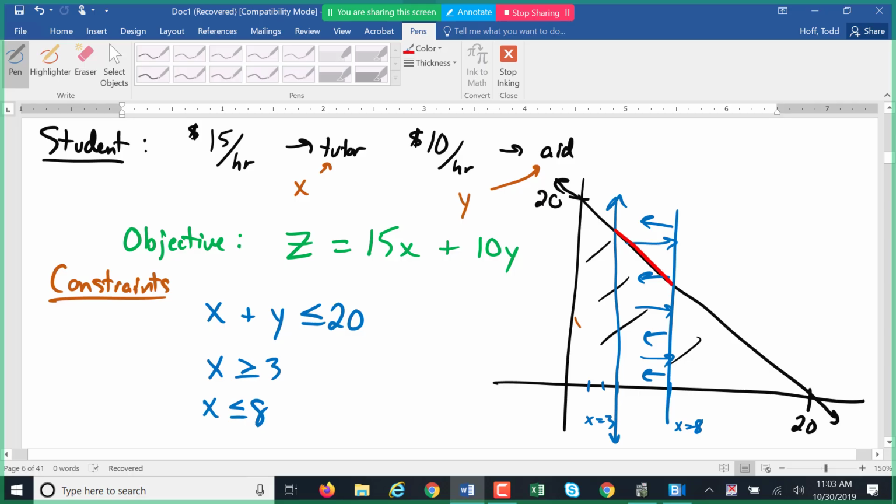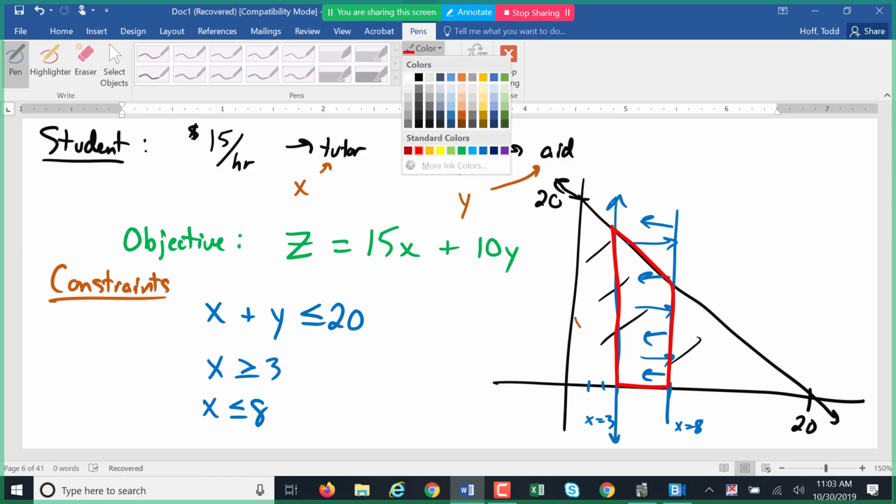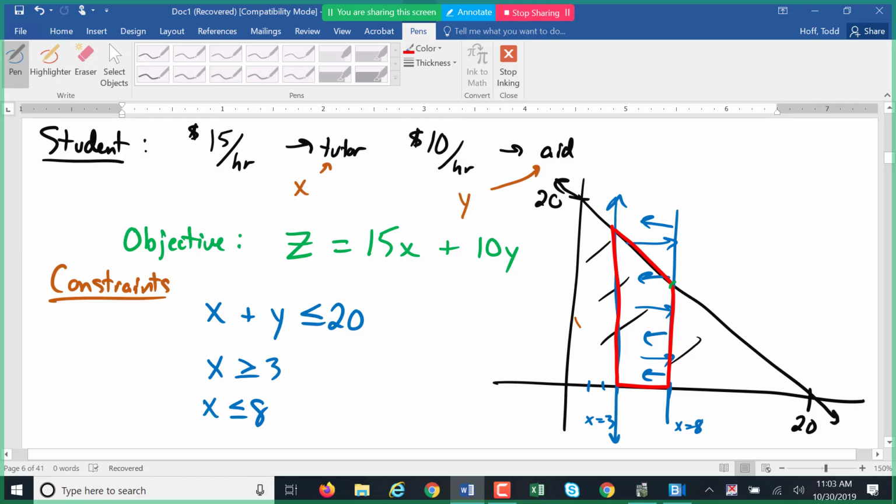So we're looking at this polygon here. So our vertices, this here would be 8. If you do the math in this top equation, you'd come up with y has to be 12. This here would be at 3. Y would have to be at 17.